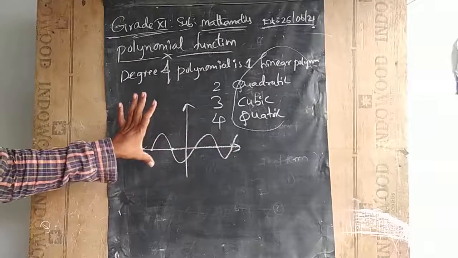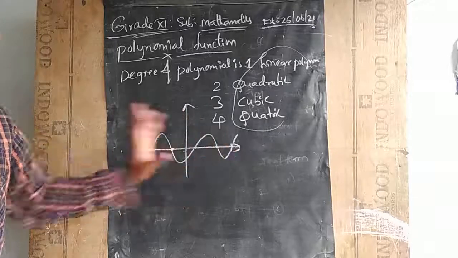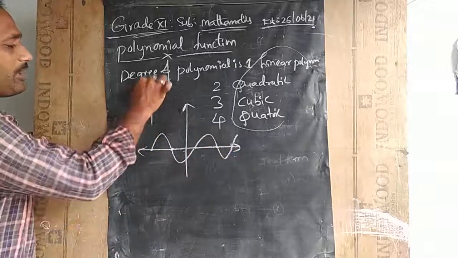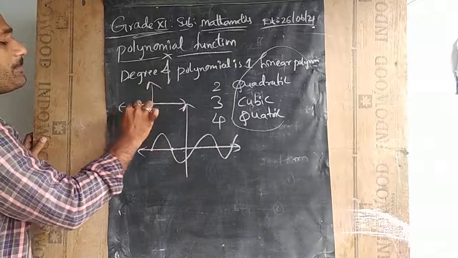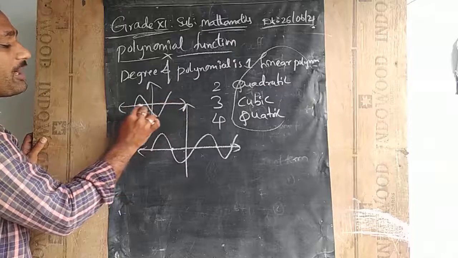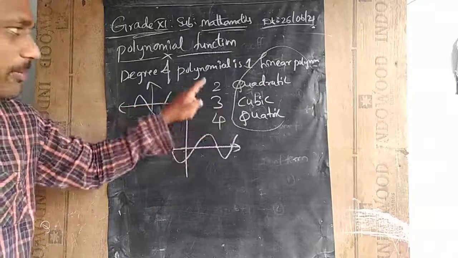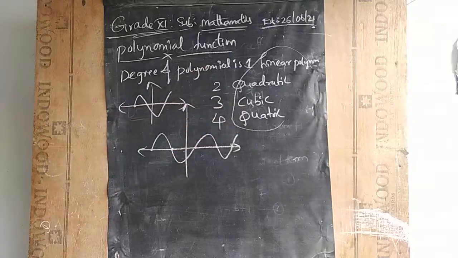I am not saying what the question is, but I am saying that this is the 5th degree polynomial graph. If your graph is touching at only 3 points, it is called a cubic polynomial, because the degree is 3.